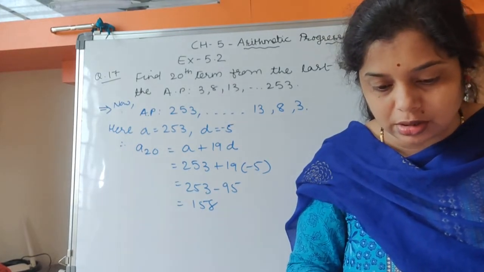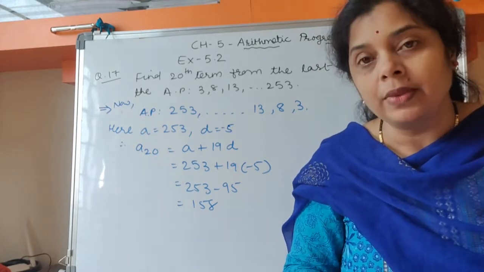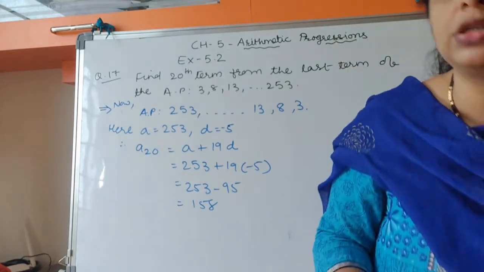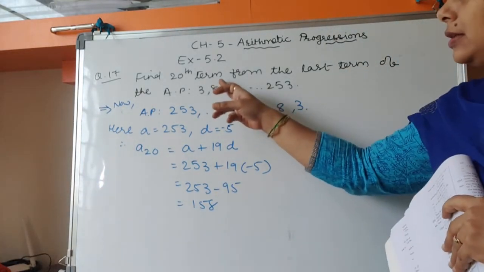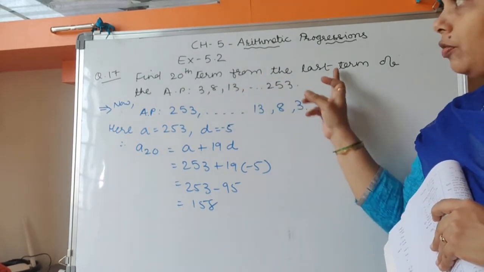Find the 20th term from the last term of the AP 3, 8, 13 up to 253. This is a unique one, so please concentrate here. Here they are asking to find the 20th term from the last term, not from the beginning.